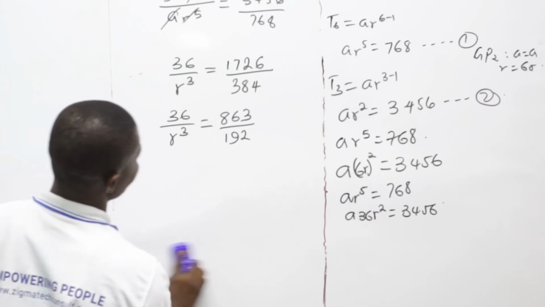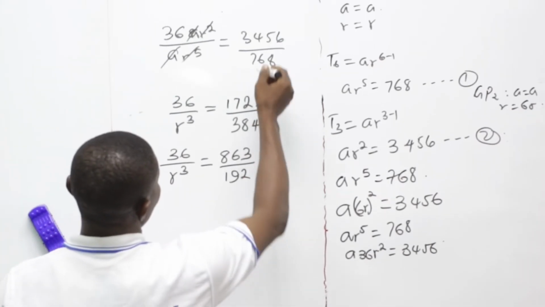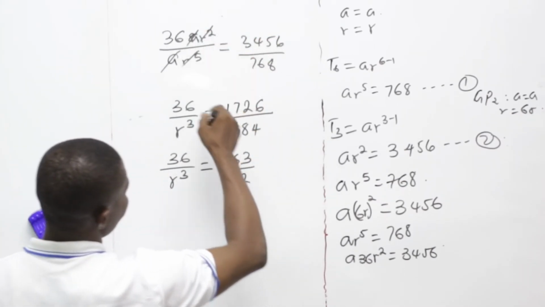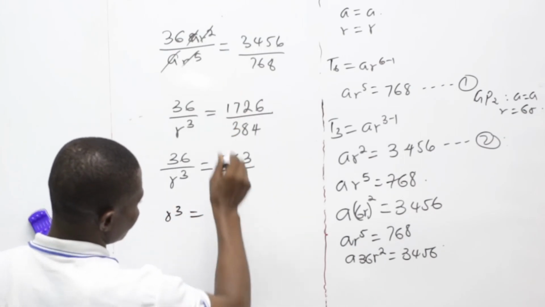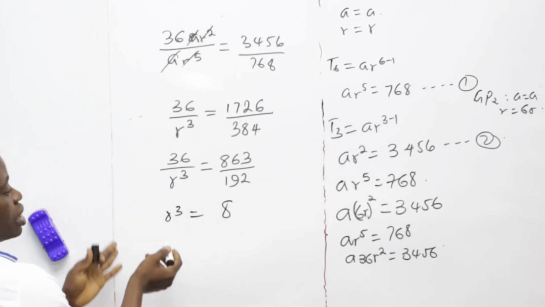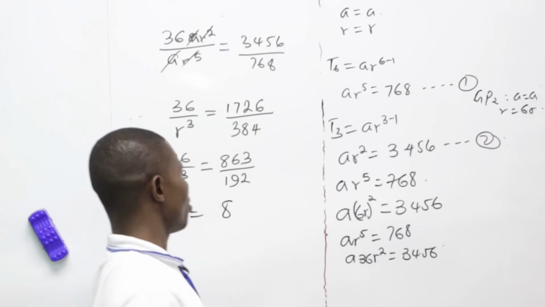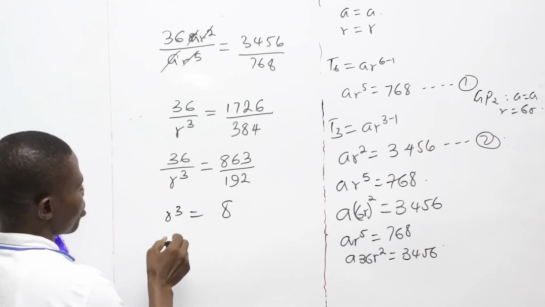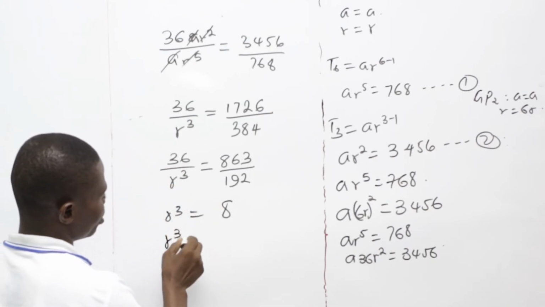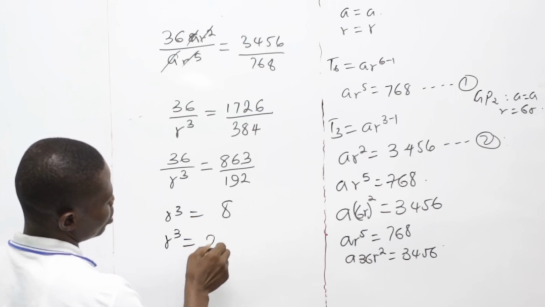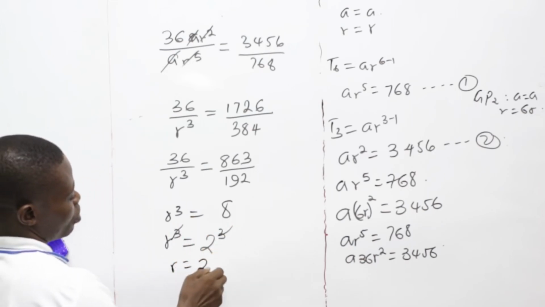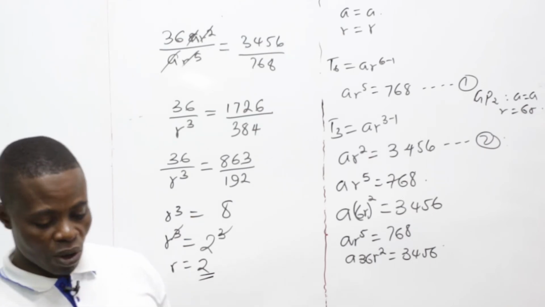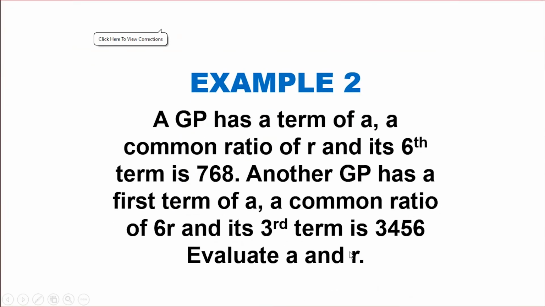But bear it in mind, when you cross multiply from here, R cube will give us 8. So you either say the cube root of 8 or you consult your indices. 8 in indices means 2 power 3. This can take care of this, so that R is what? 2. Our common ratio is 2.